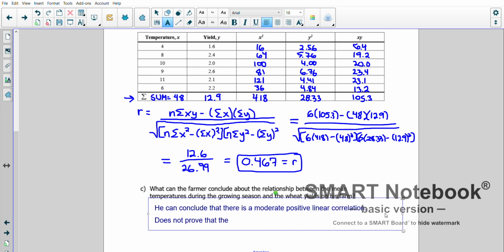So I'll just write that in here. Does not prove that the temperature is causing the changes in yield.